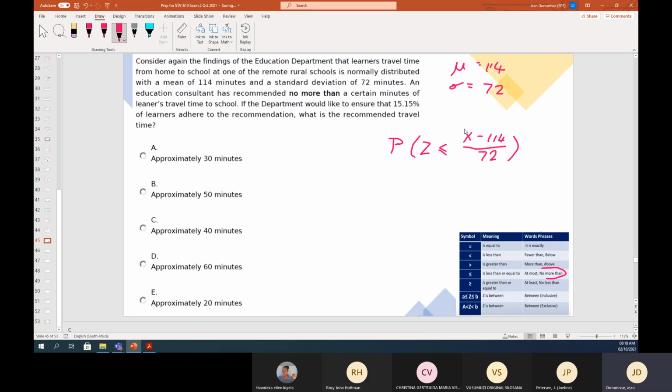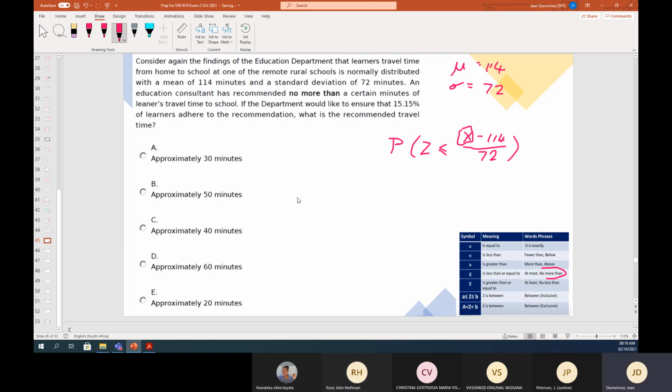And we need to work out the x in this one. Okay, so how would we do that? Would you first try and get rid of the 72?